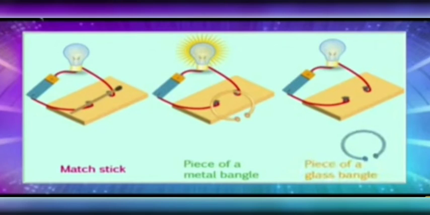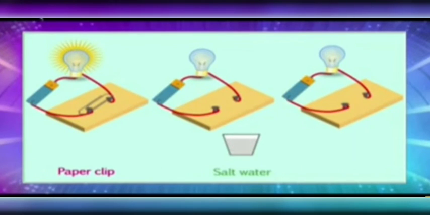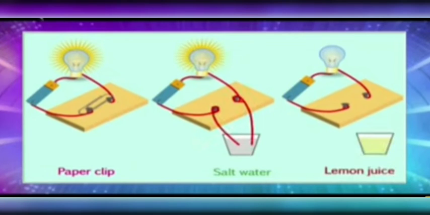Piece of a glass bangle: bulb does not glow. Paper clip: bulb glows. Salt water: bulb glows. Lemon juice: bulb glows.